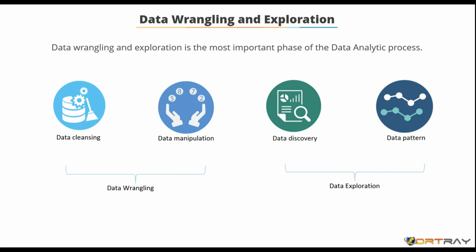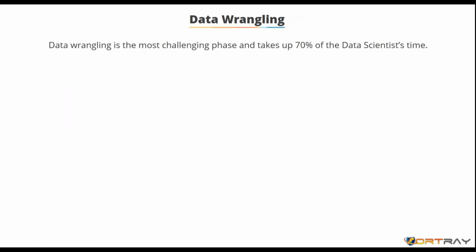Data exploration uses all the available data and presents it in either a numerical or graphical format. This helps to identify the right patterns in the data. The data and the underlying pattern are fed into appropriate machine learning models, leading directly to the prediction and conclusion phase. Data wrangling by far is the most challenging phase and consumes 70% of the data scientist's time.